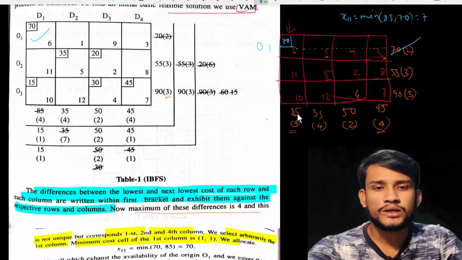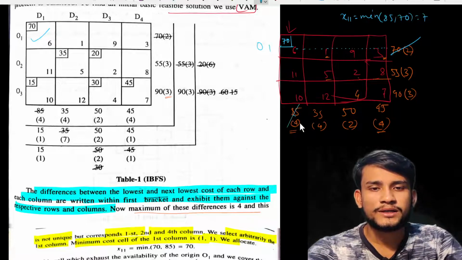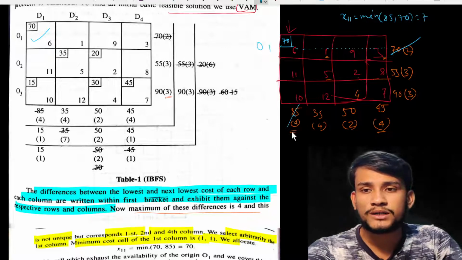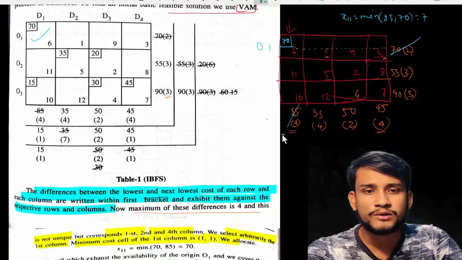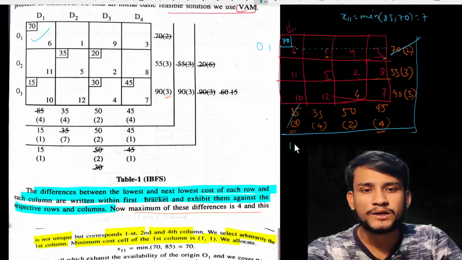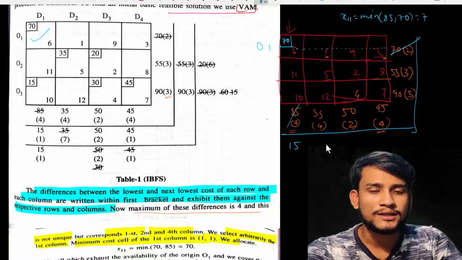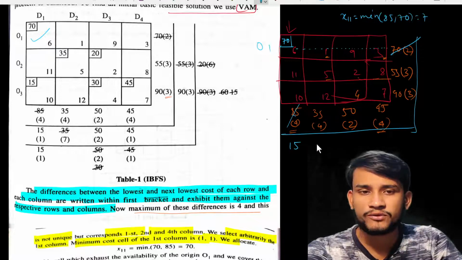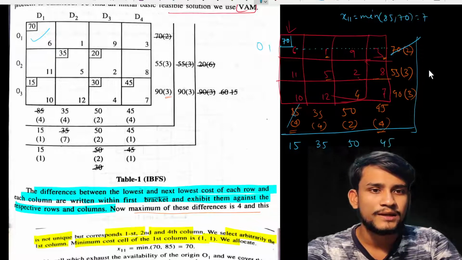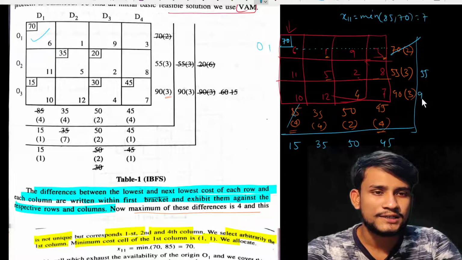Now we write here the remaining demand for the destination D1. The remaining demand is 15 units, and the other demands of D2, D3 and D4 are the same: this is 35, this is 50, this is 45, and this is 55, and this is 90. So this is the first step closed.